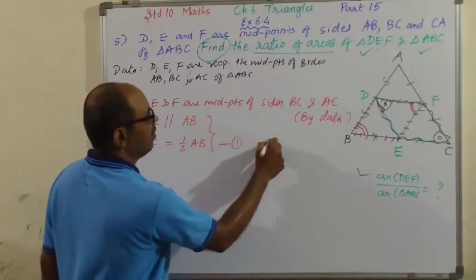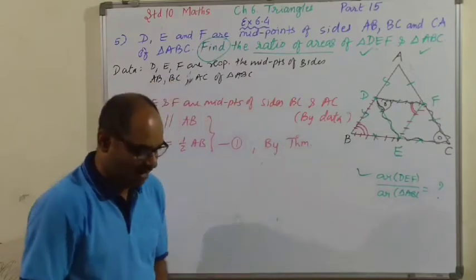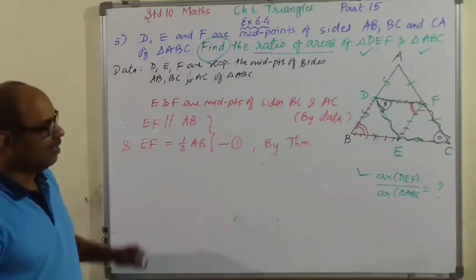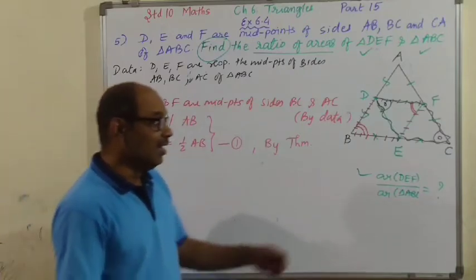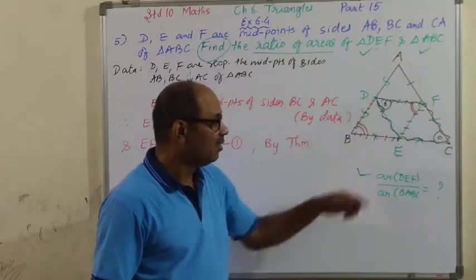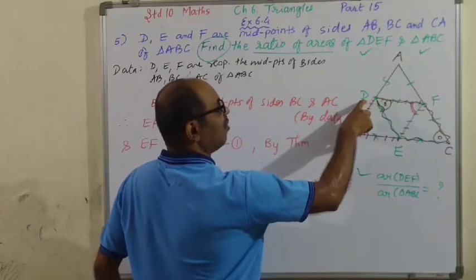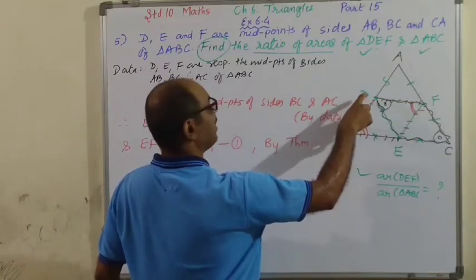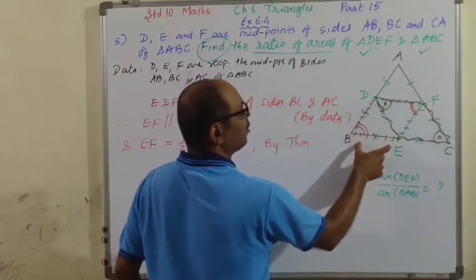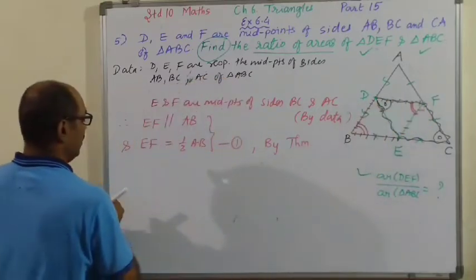Result 1, by theorem. If you want, you can write by midpoint theorem. Got that? Okay? Now you can say DF is parallel to BC. That will take D and F.